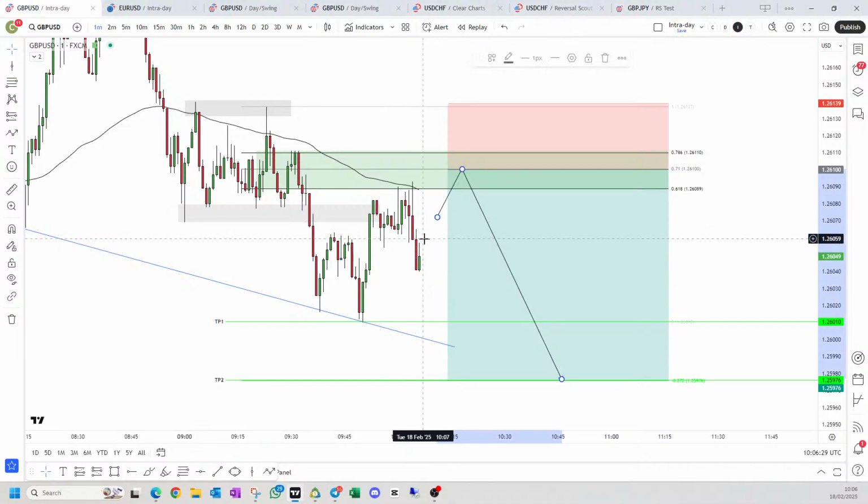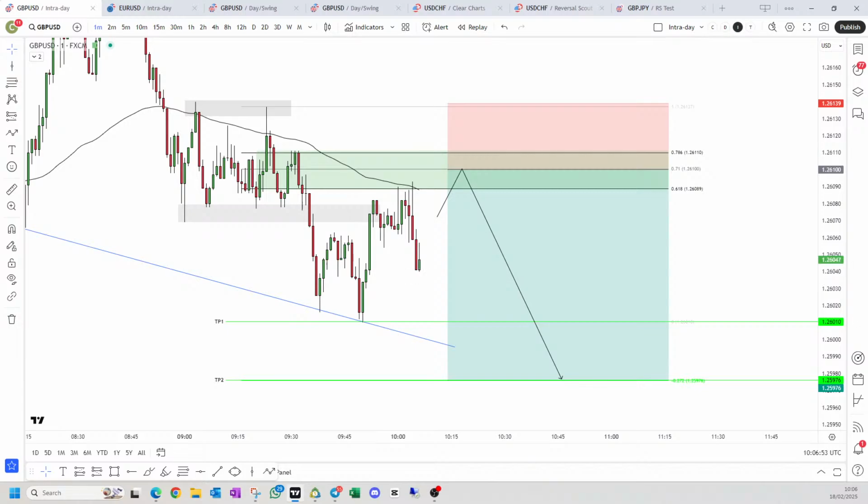What we want is for that to come and tap that 71 to give us our trading setup. Price is moving fast.